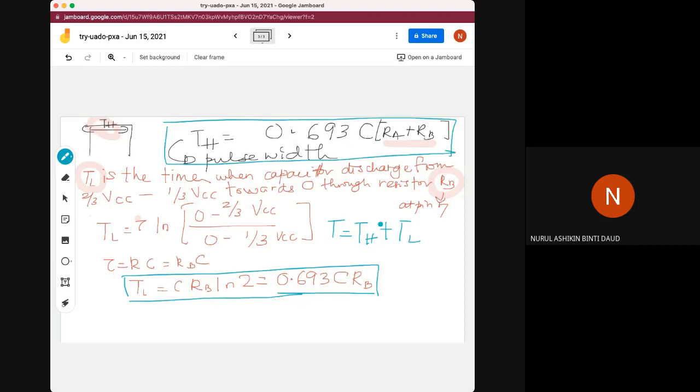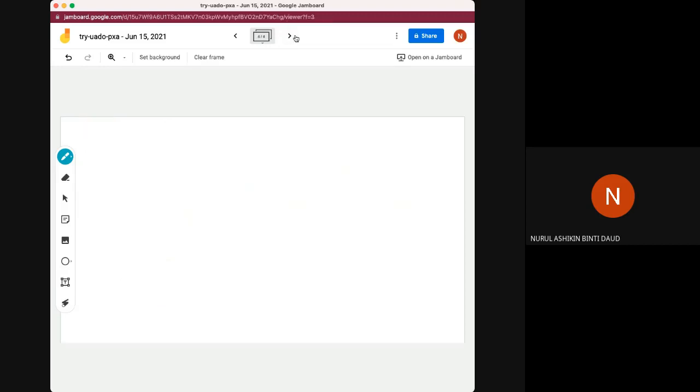Since you already know the total time, which is TH plus TL, and since frequency is 1 over time, you can calculate the frequency.